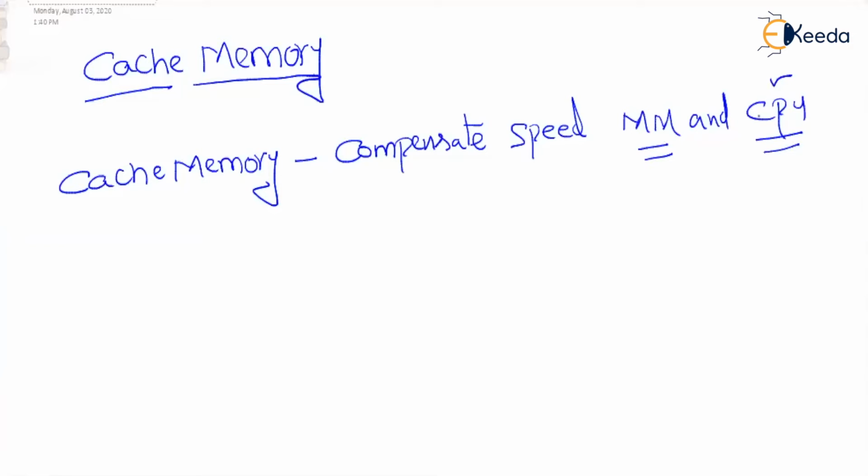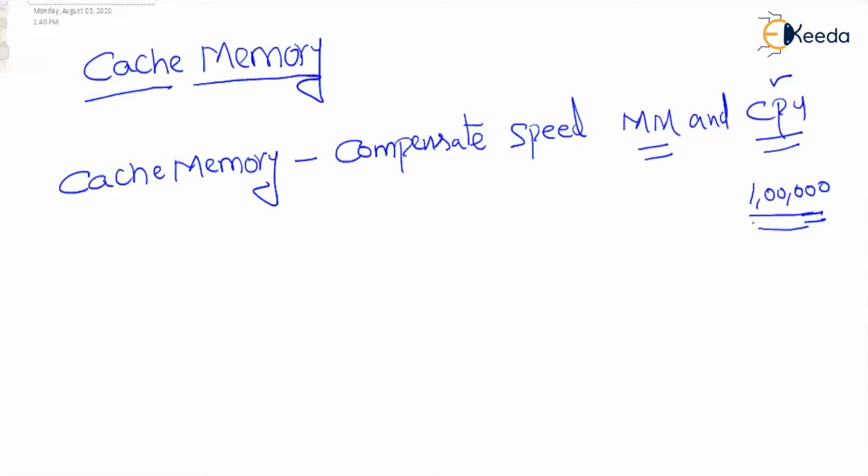For example, let us say that the CPU, according to the clock logic, will be able to execute 1 lakh instructions per second. But in general, the CPU will execute crores of instructions.